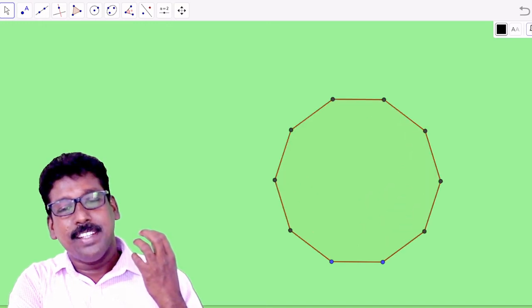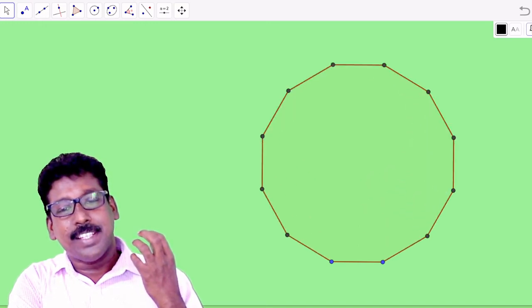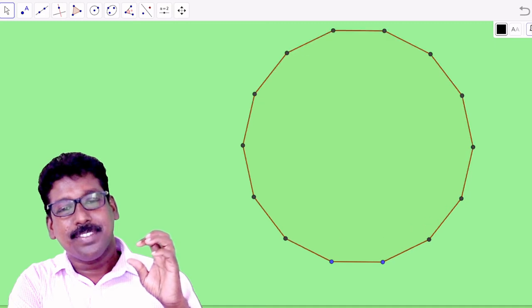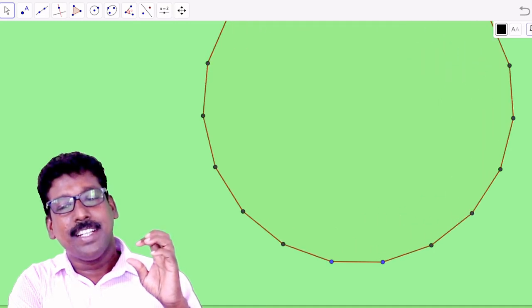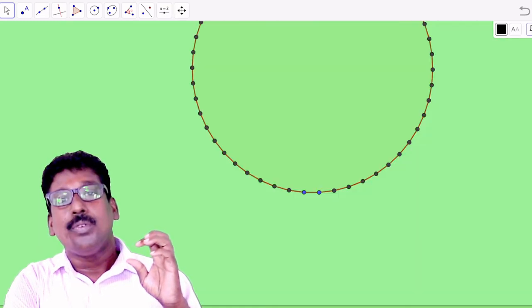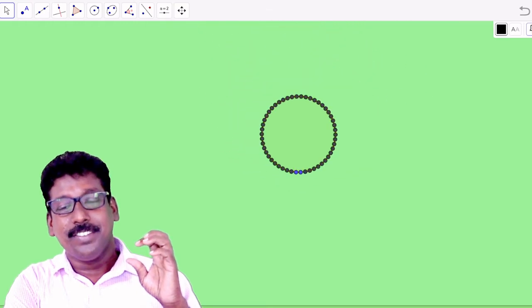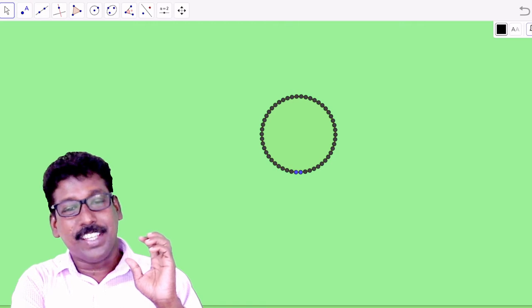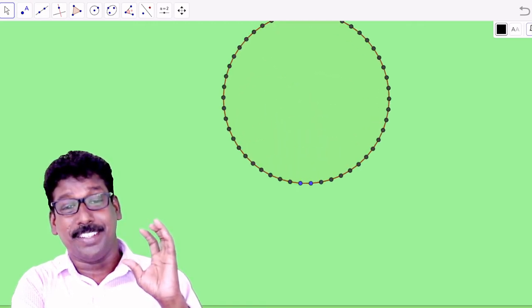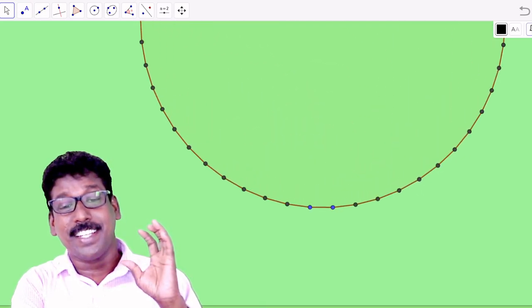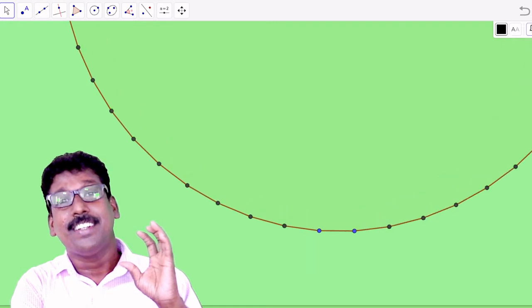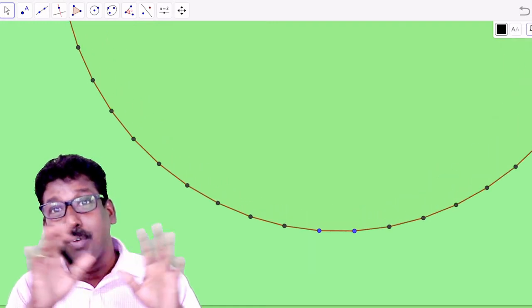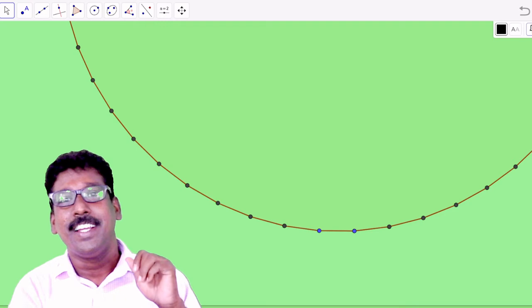In this way, when sides are increasing, you will get different types of polygon. When sides are increasing, the polygon looks like a circle. This is a 50-sided polygon. So when sides are increasing, the shape of the polygon looks like a circle.